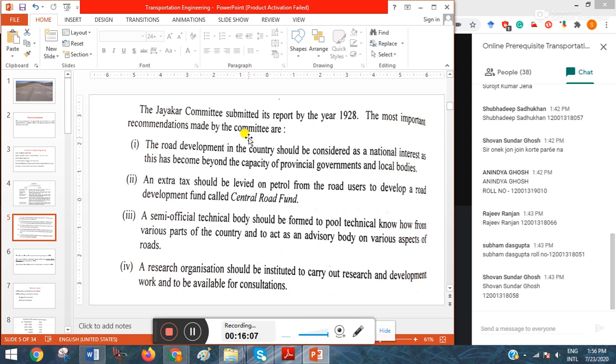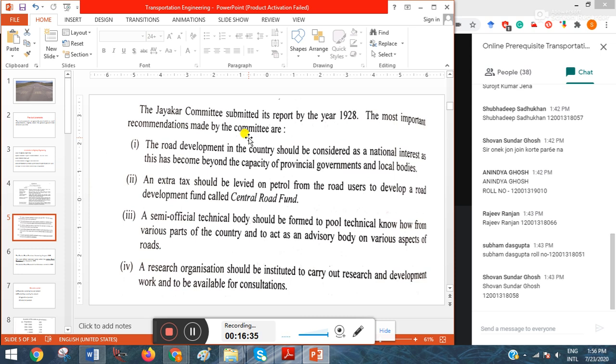The resolution was passed by both chambers of the Indian legislature in 1927. Most probably the First World War was in 1925, and after that in 1927, both chambers of the Indian legislature passed a resolution for the appointment of a committee to examine and report on the question of road development in India.